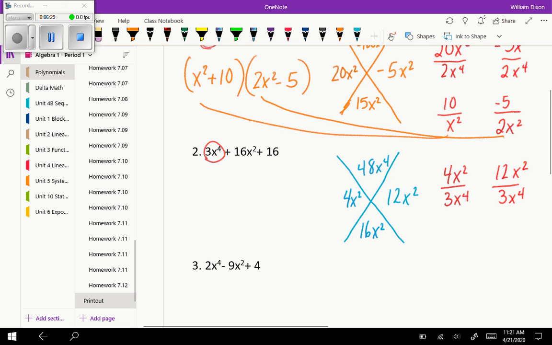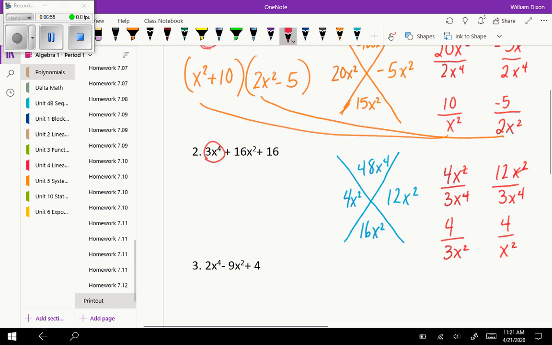These steps are the same that we've been doing all along. Okay, so this is going to reduce to 4 over 3x squared. The second one is going to reduce to 4 over x squared.